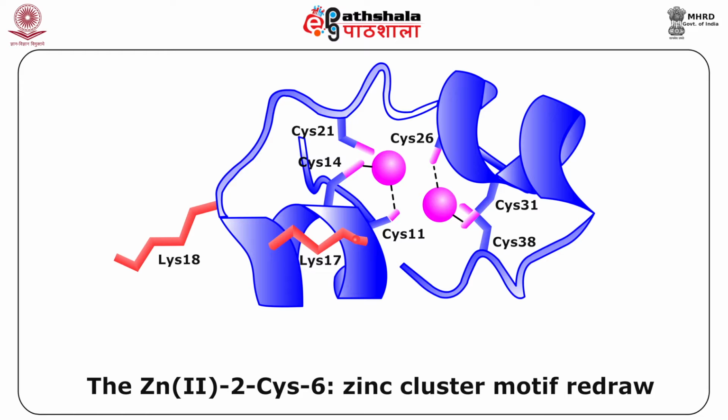Zinc cluster proteins are also found in a variety of other fungal organisms such as Aspergillus nidulans and Candida albicans. The motif has not been observed in either prokaryotes or in higher eukaryotes.